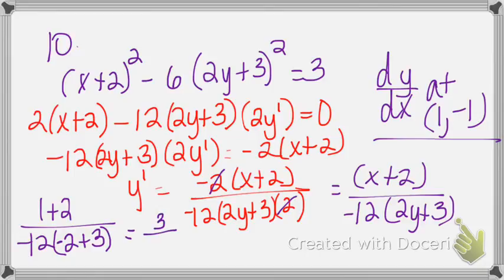So that would be 3 over negative 12, which is negative 1/4. And I realize there's still a negative here, so there's really a negative on top. And that makes there be a negative there, which makes the final answer not be negative 1/4, but only be positive 1/4.